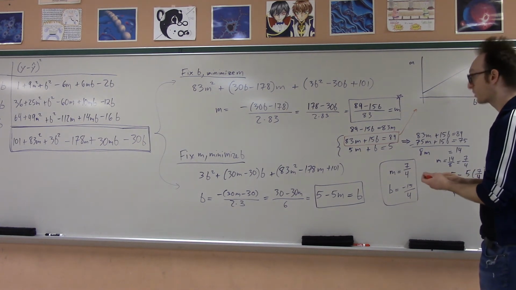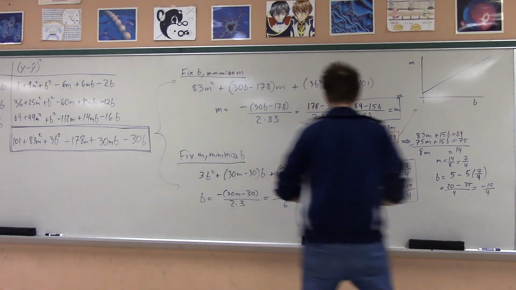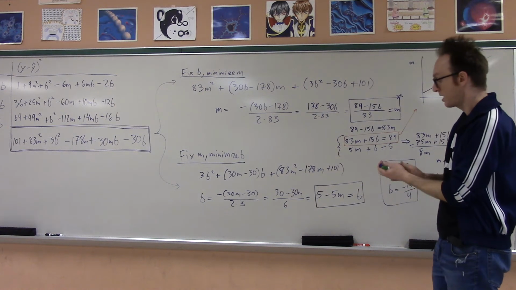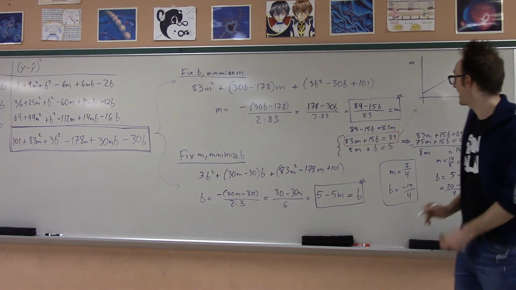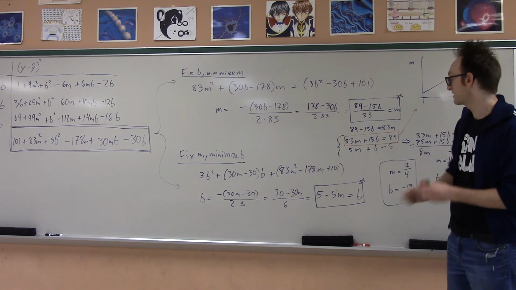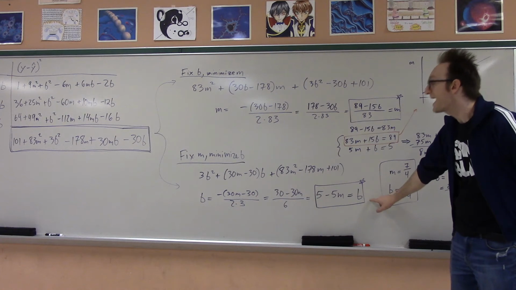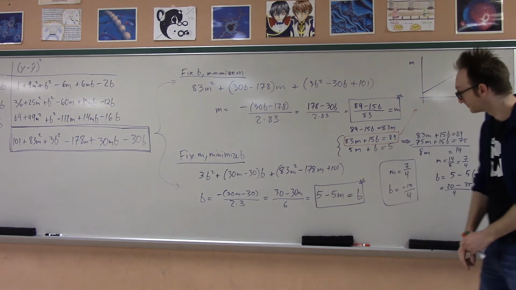Well, okay, great. What about this second line here? Here we fixed m and minimized b. So how should I understand this line? Well, I should understand this line as saying, for any possible m, this is the best b.